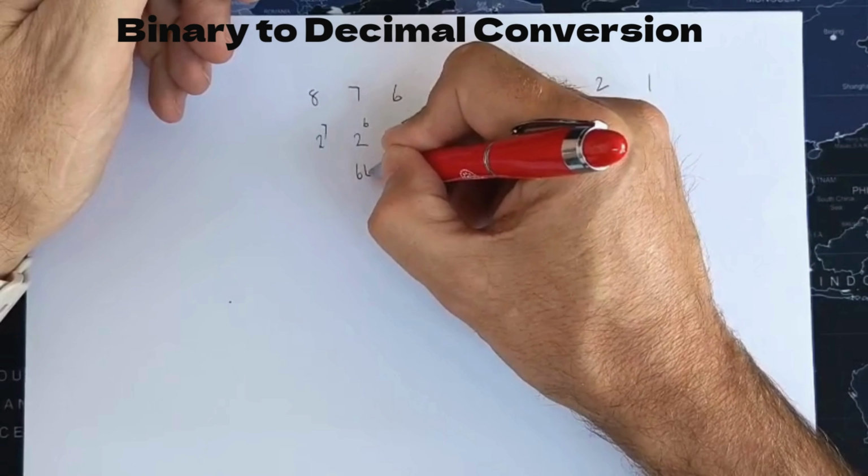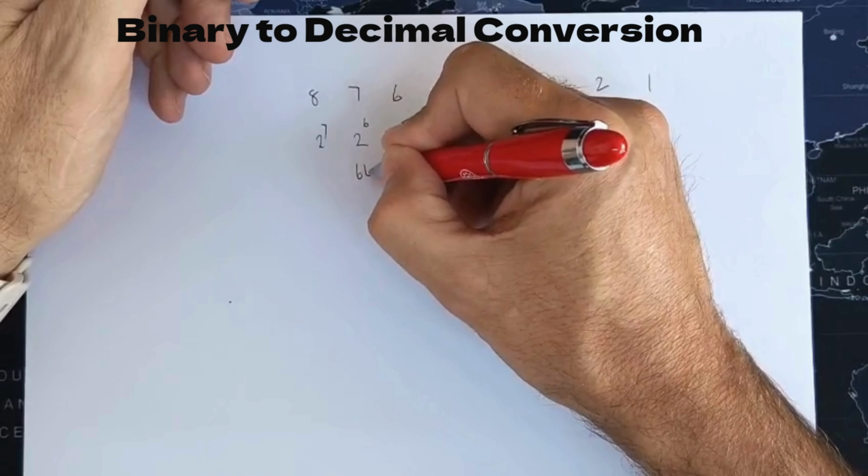So here I've already got my bit position values. We're going to use an example of 212. We're now subtracting from left to right. We always start with the biggest, working our way down to the smallest.